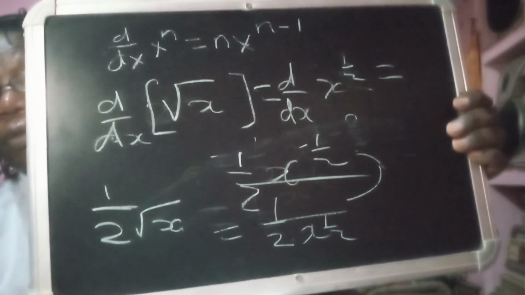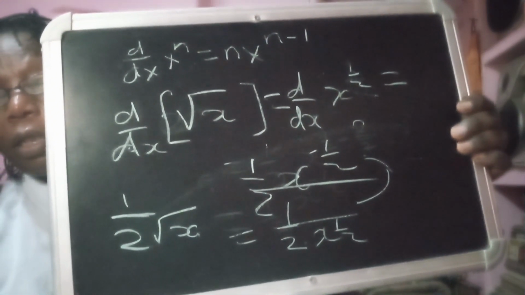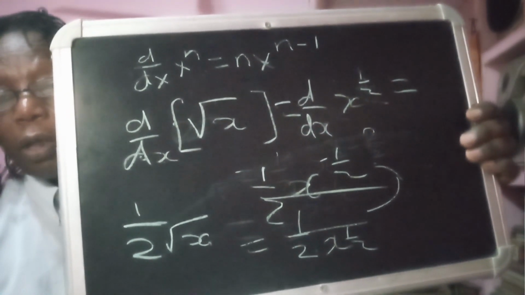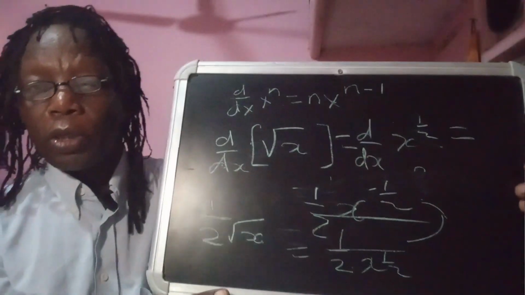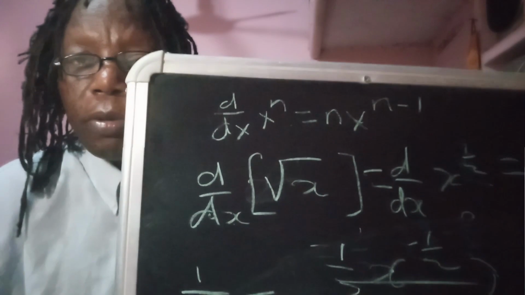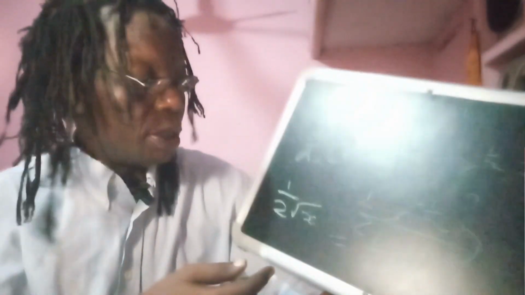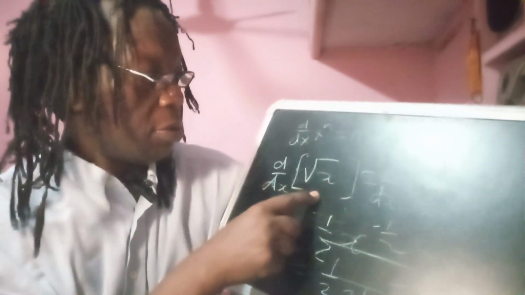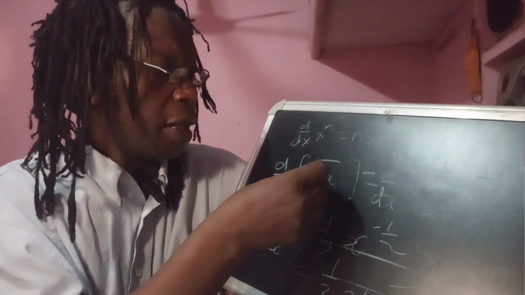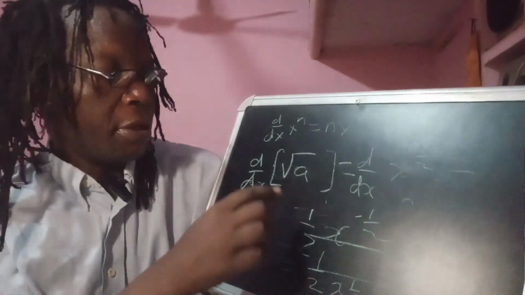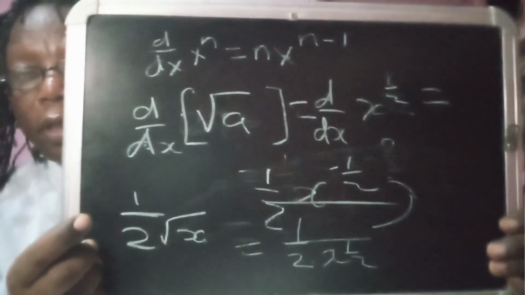So this is how you can handle the power rule. You apply the power rule to a radical. What I'm telling you here is that you can have different values. It's not necessarily x, you can have x raised to n power, or you can have a, for example. You can substitute a throughout in this operation.